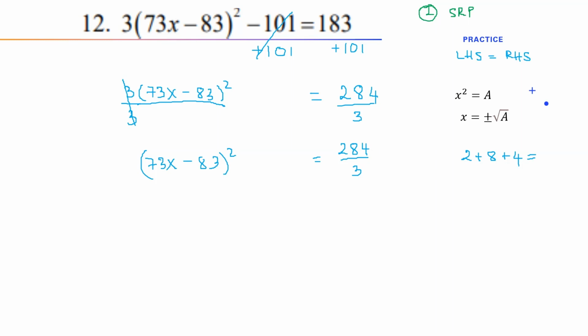So 2 plus 8 plus 4 is 14. 14 is not divisible by 3. So 284 cannot be divided by 3. So we keep the fractions.